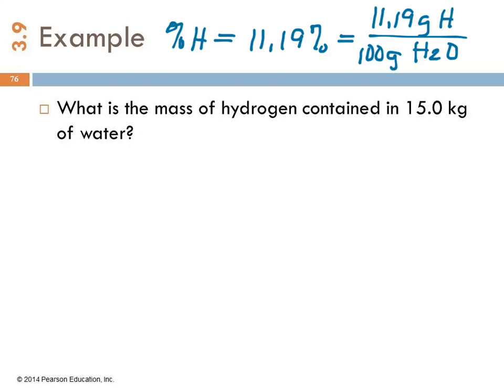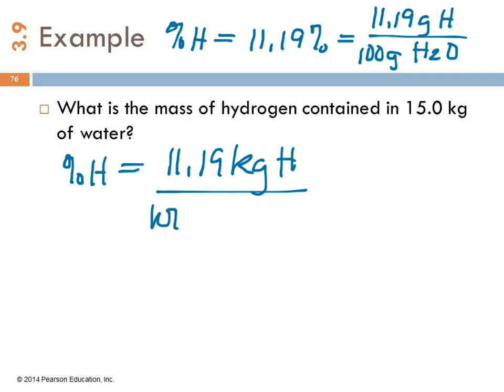Well, this example has kilograms. We could also say that the percent hydrogen is equal to 11.19 kilograms of hydrogen per 100 kilograms of water.